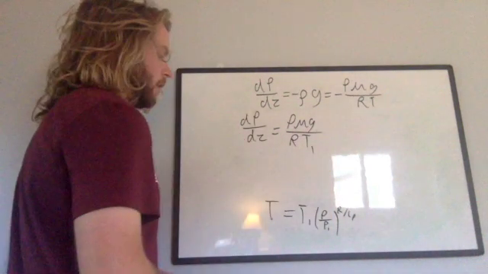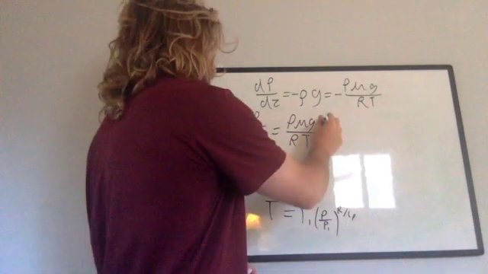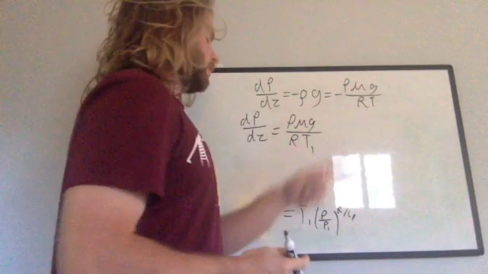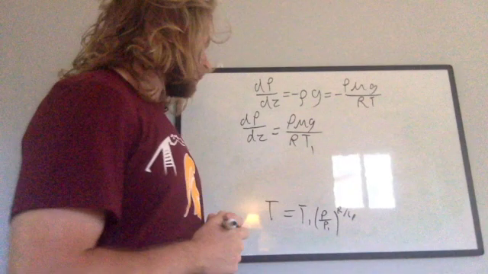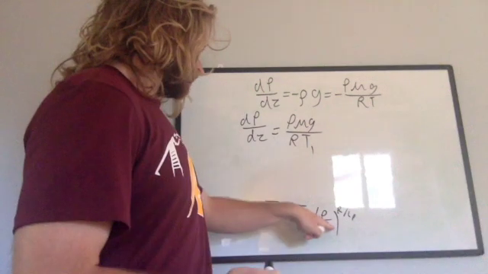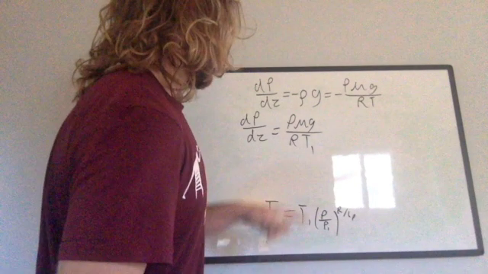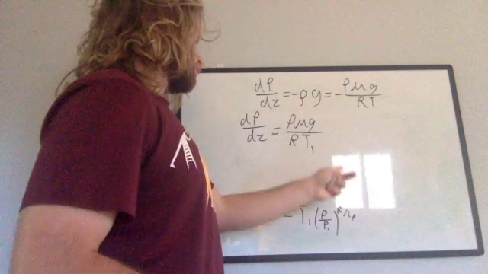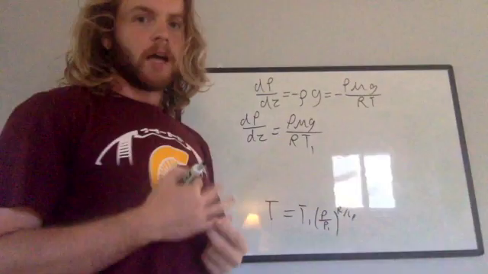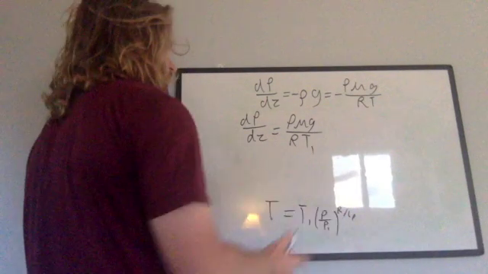And what we can do now is we're going to try and get our pressures up here into the numerator. And the way that we can do that is since this P1 is going to be in the denominator, normally if it was going to stay in the denominator, the exponent would be flipped. But if we want to take it to the numerator, since it's going to be a denominator within the denominator, we can go ahead and keep those exponents where they're at.